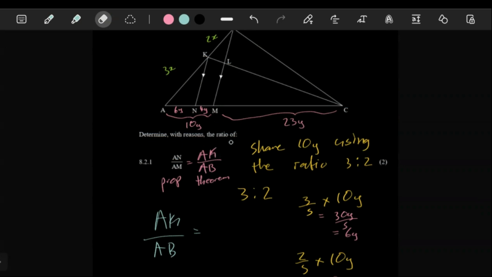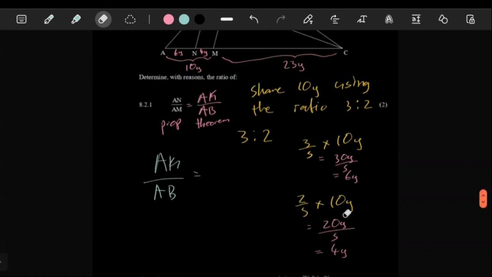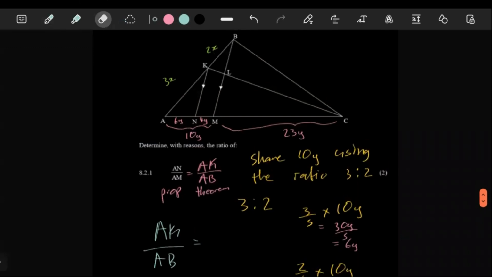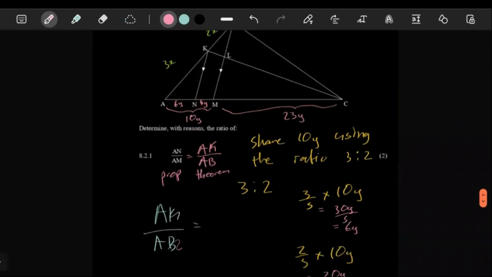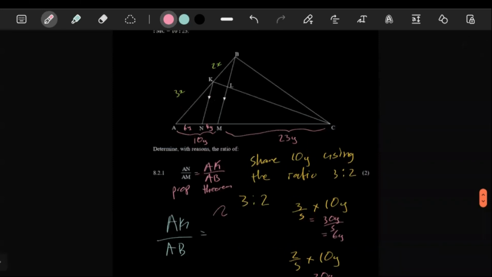Wait, this is so weird. We don't even need to have done all this that we've just done here. All of this was actually overkill, because we can just use AK over AB. AK is 3x, and AB would have been 3 plus 2, which is 5x.